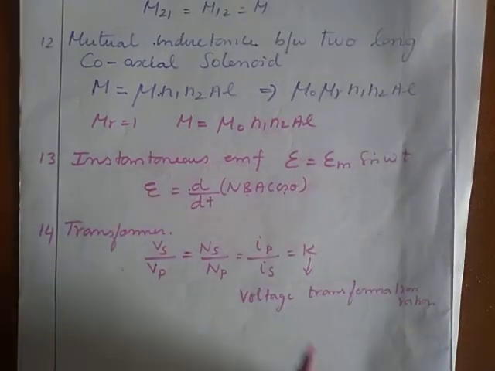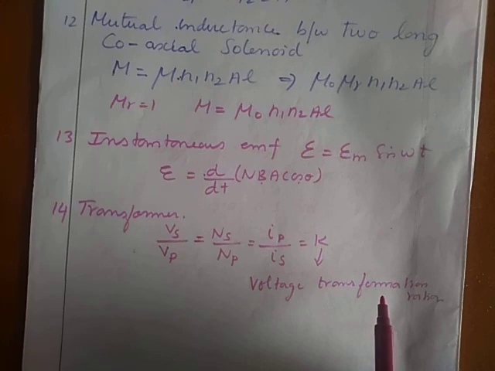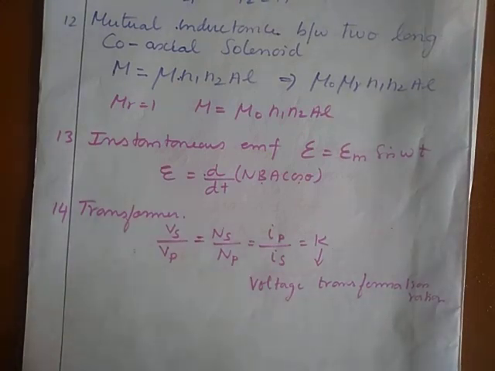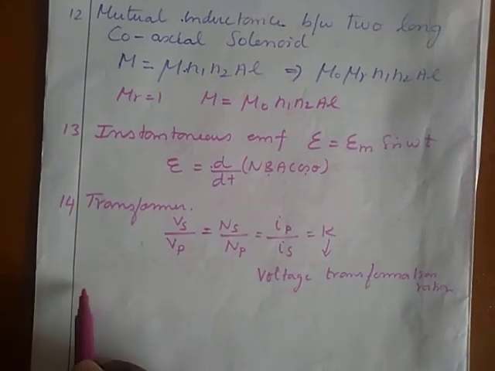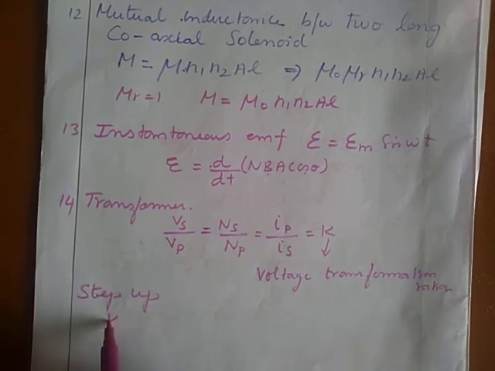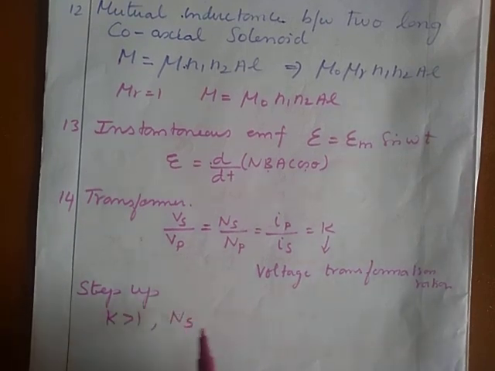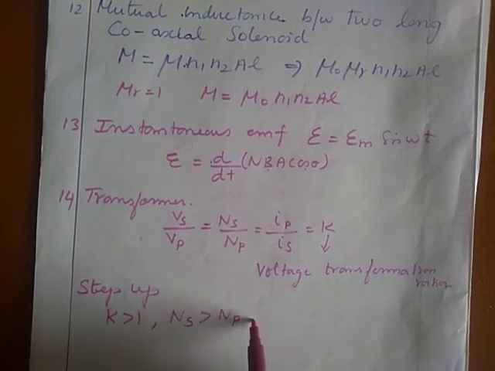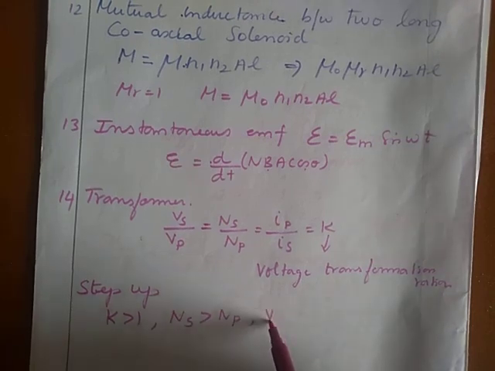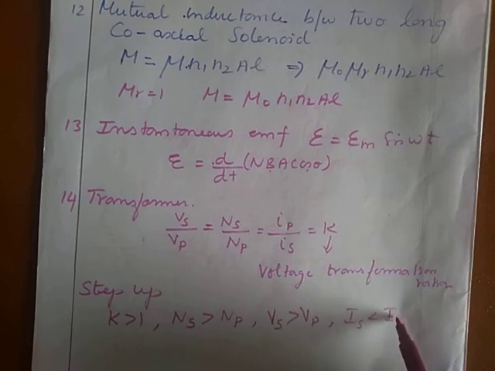By the value of K, we can easily tell whether the transformer is step up or step down. For a step up transformer, the value of K is greater than 1. In that case, the number of turns in the secondary coil is greater than in the primary coil, and the voltage across the secondary coil is also greater than across the primary coil. But the current in the secondary coil is less than the current in the primary coil.